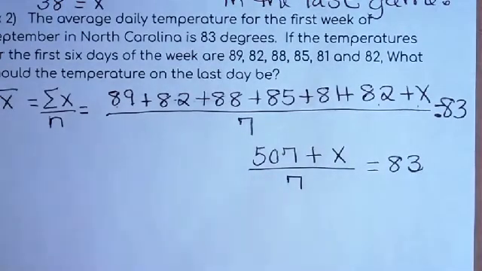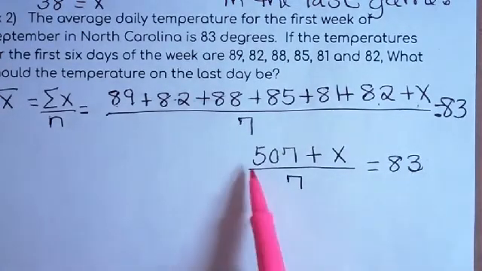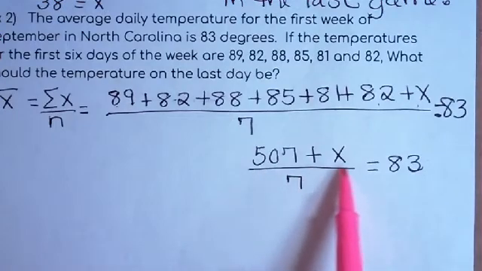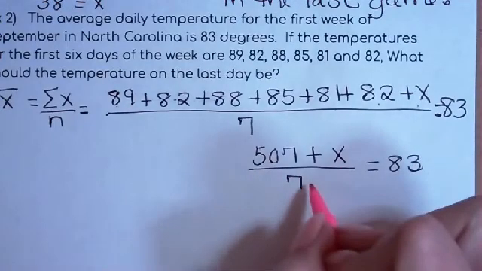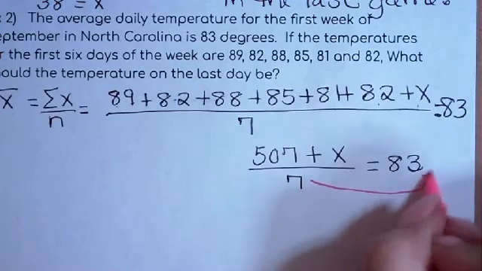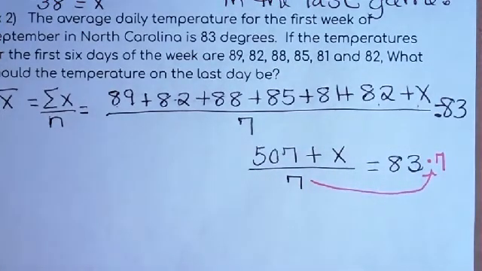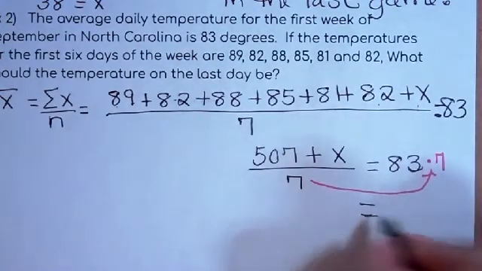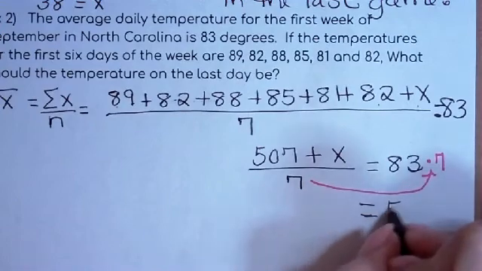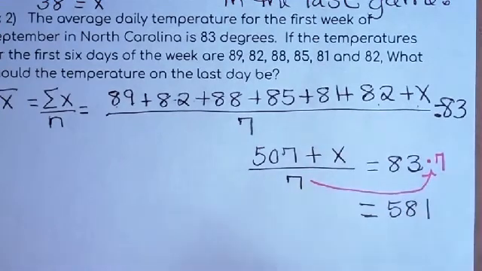Now again, because I'm dividing this whole entire side by 7, I can bring this divide by 7 over here and turn it into a multiply by 7. So 83 times that 7 right over here is going to give me 581.